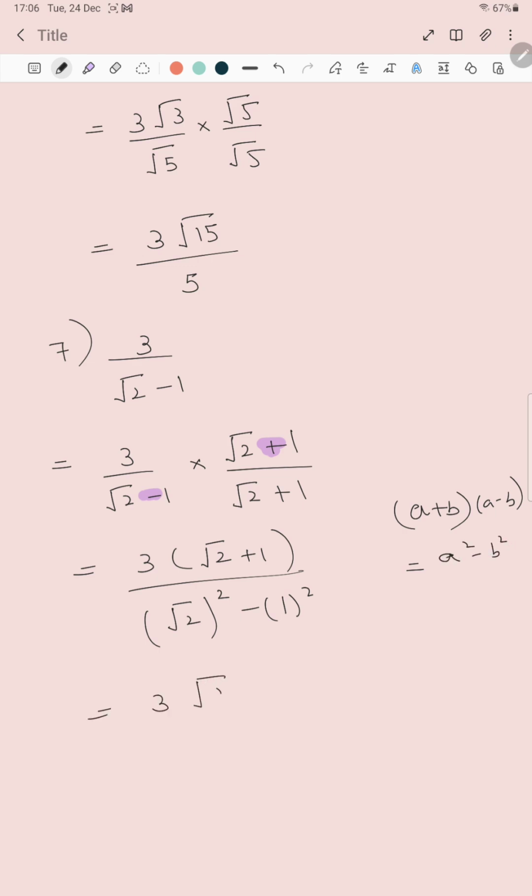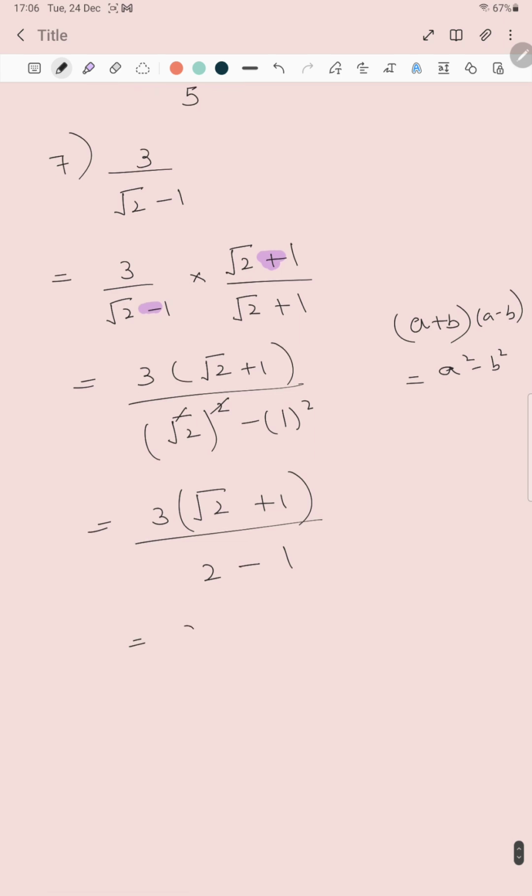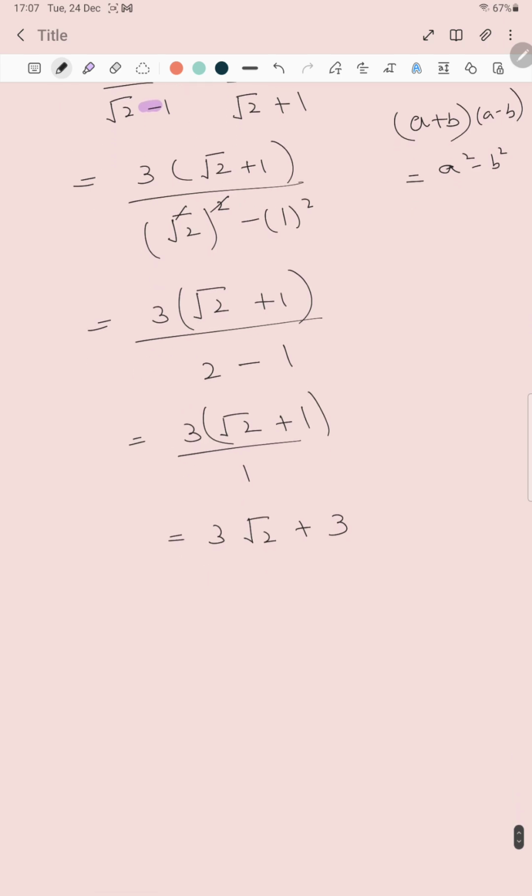So 3 times square root 2 plus 1 divided by, square and square root cancel, 2, 1 square is 1. So the answer will be 3 times square root 2 plus 1 divided by 1. It means 3 square root 2, and we will just multiply them. 3 ones are 3.